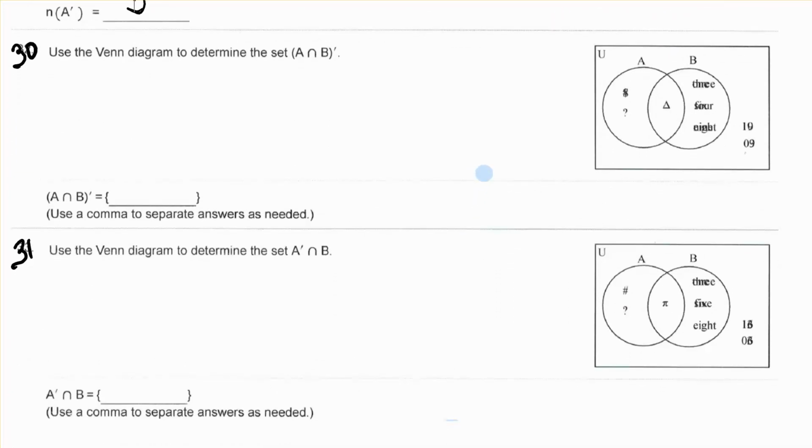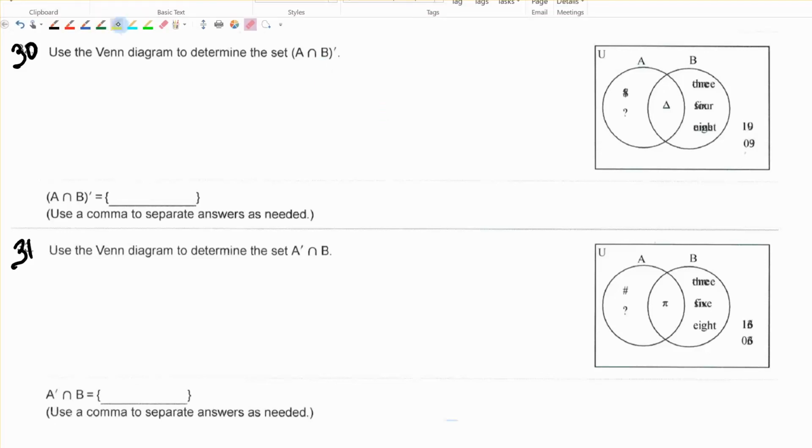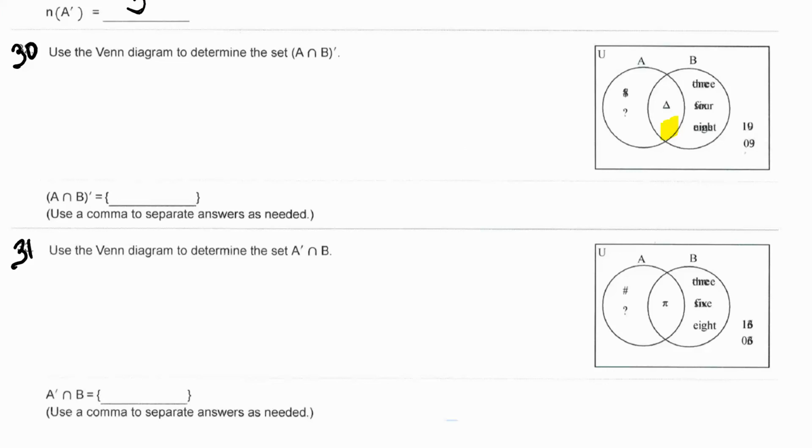This is number 30. We're going to determine A intersect B complement. Okay. Now, A intersect B is this. So the complement of that is everything else.